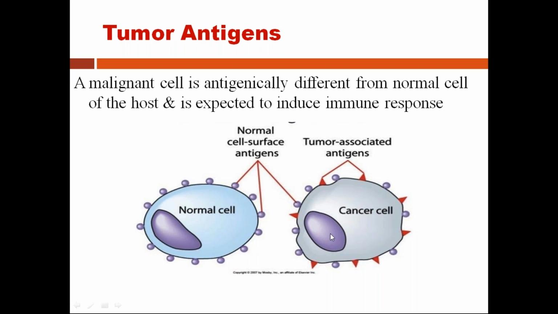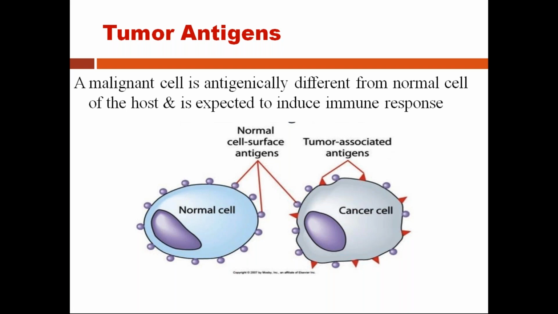Okay, so this malignant cell becomes antigenically different from the normal cell of the host, and anything which is foreign is recognized by the immune system. So these abnormal new antigens which are expressed on the tumor cell or the malignant cell trigger an immune response.